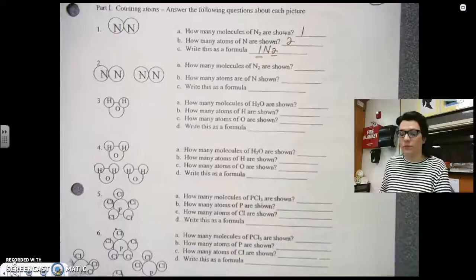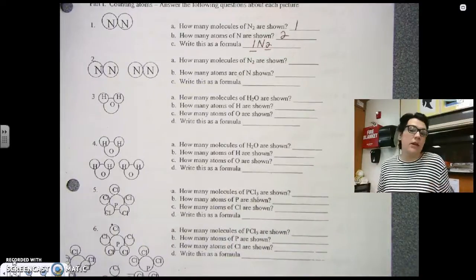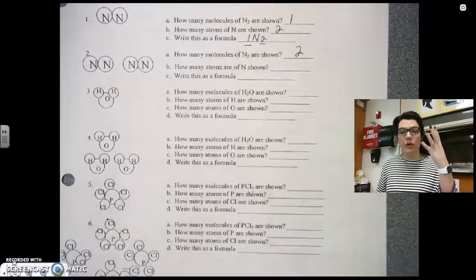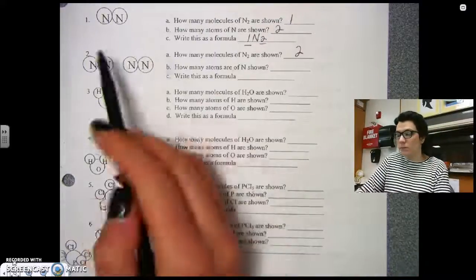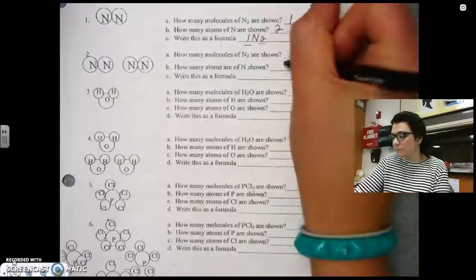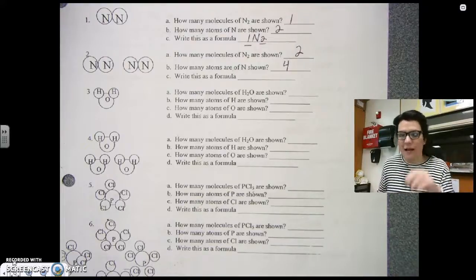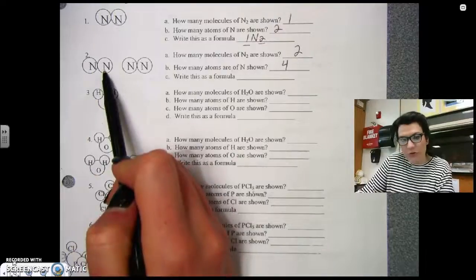Okay, so let's look at number 2. Number 2 says how many molecules are shown. Well, there's 2 molecules, but there's a total of 4 atoms, right? 1, 2, 3, 4. So I can't have 2 and 4. That doesn't make sense because nitrogen is actually the substance, right?